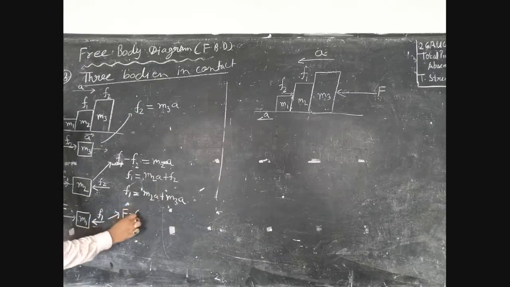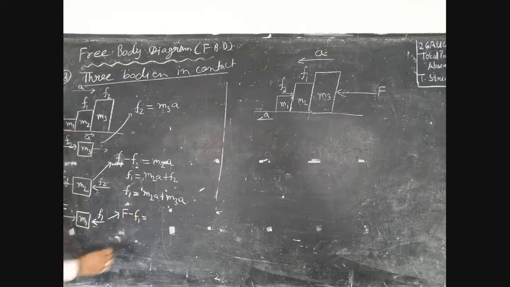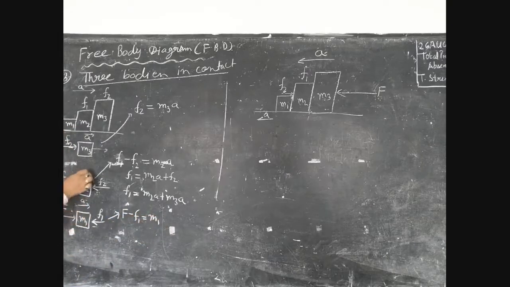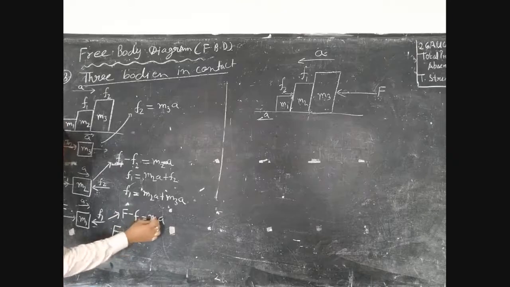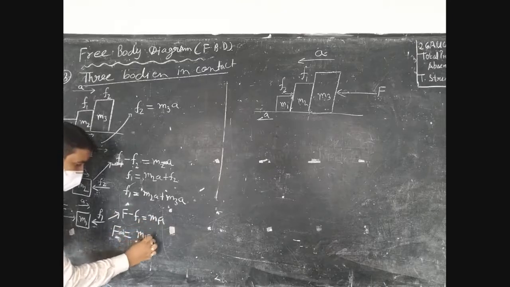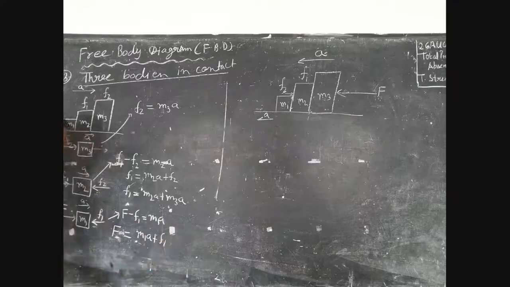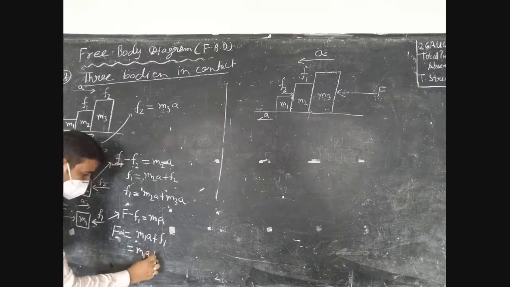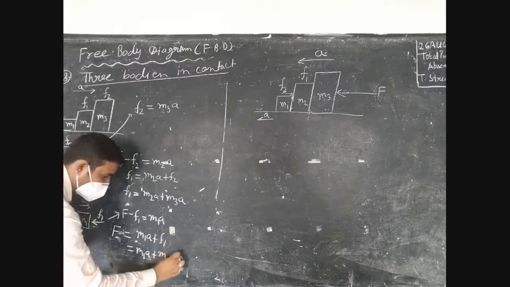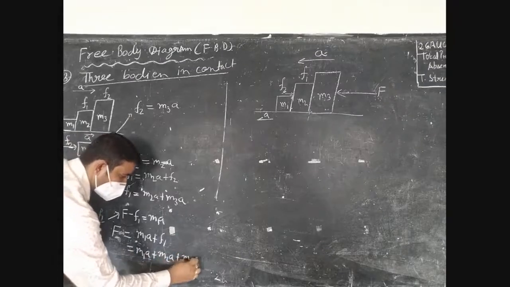Now solve this. F minus F1 equals mass into gained acceleration. Solve it. So you will get F is equal to m1a plus F1. Use this result: m1a plus m2a plus m3a.